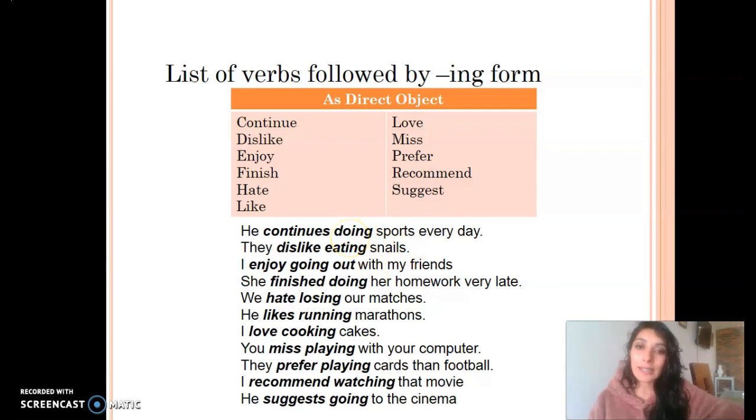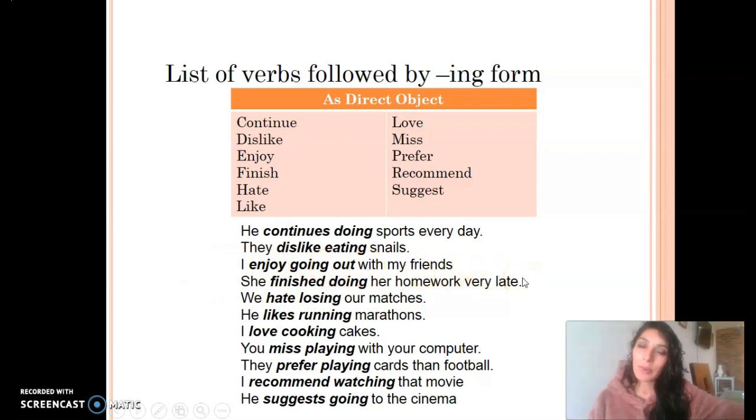So the verb dislike accepts just the gerund form. As you can see here, we wrote the verb eating. Then we have I enjoy going out with my friends. As you can see here, also we have the gerund form.